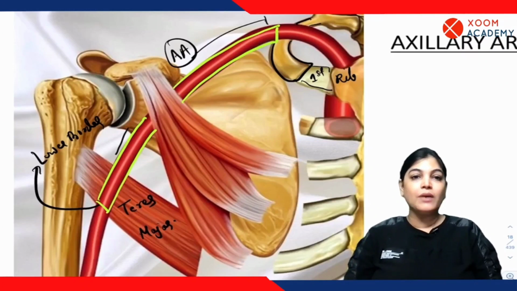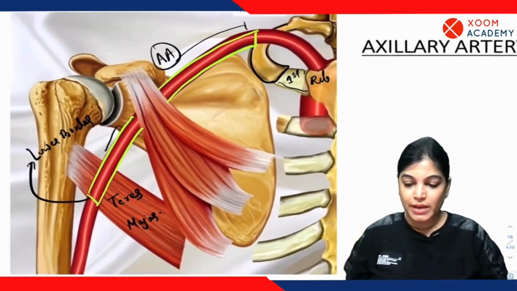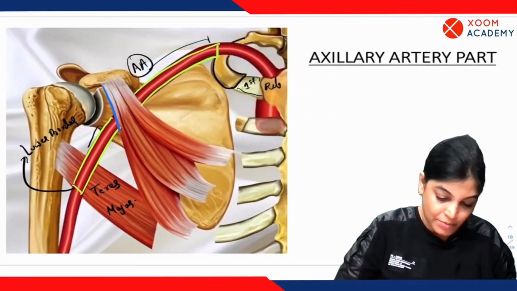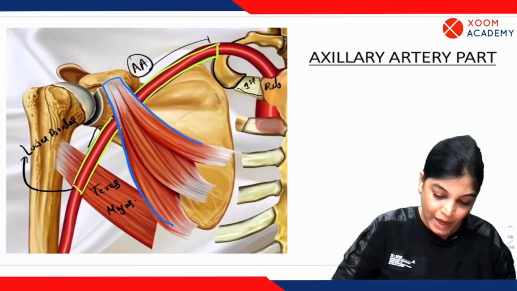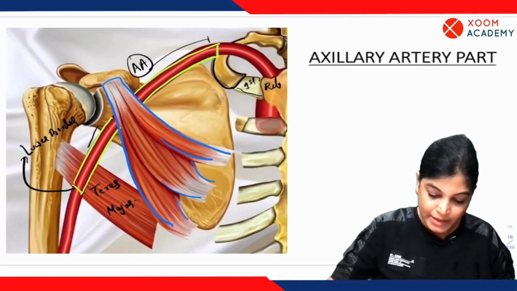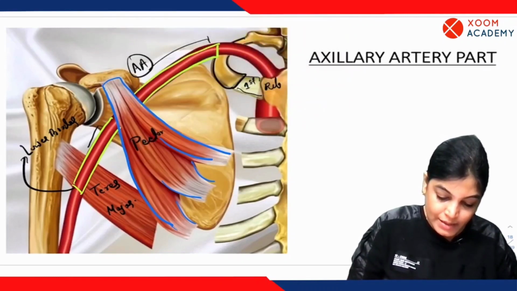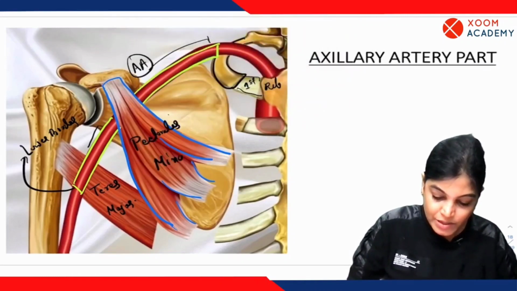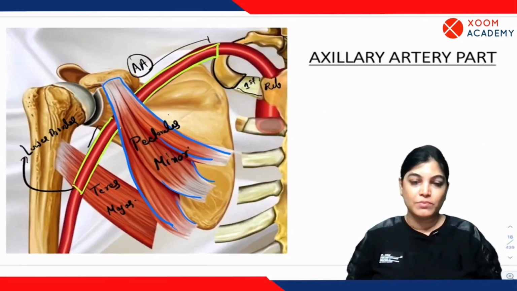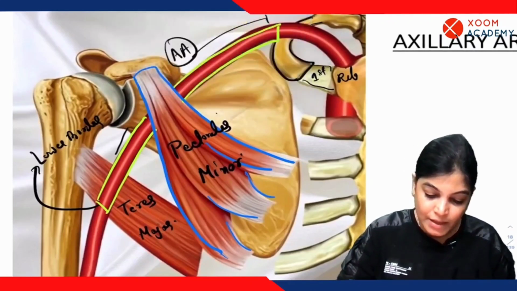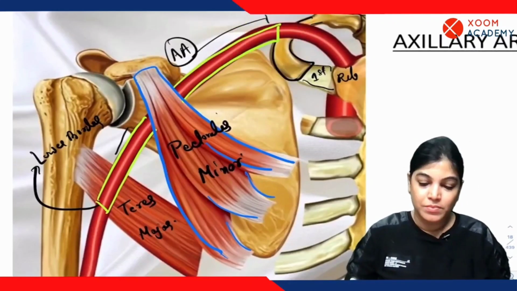Now, in this diagram, you can also appreciate the key muscle of the axillary region. What is it? It is the pectoralis minor muscle. Again, I am outlining the pectoralis minor muscle, which is lying beneath the pectoralis major muscle.